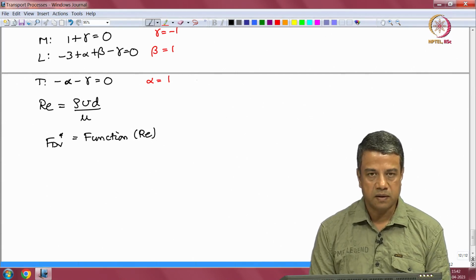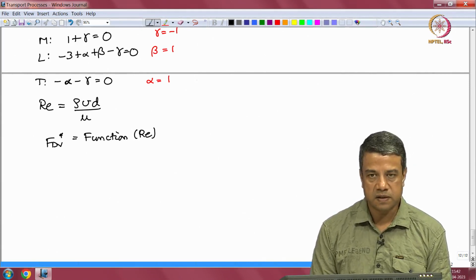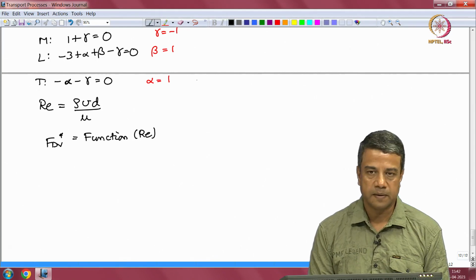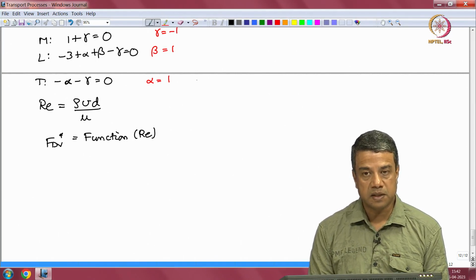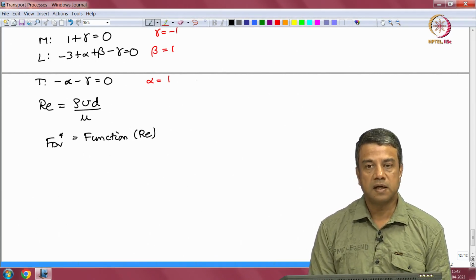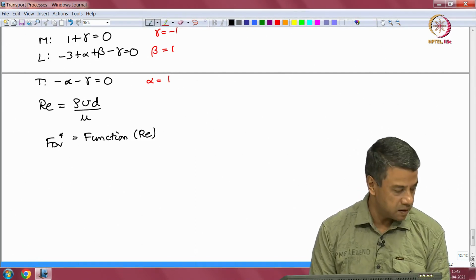In this case now, in order to find out the drag force, I know it is only a function of Reynolds number, that combination of density, viscosity, diameter and velocity. Therefore, I have to do experiments only by varying one parameter, whereas if I did not use dimensional analysis, I would have to independently vary the density, the viscosity, the diameter and the velocity and so on to get the final expression.